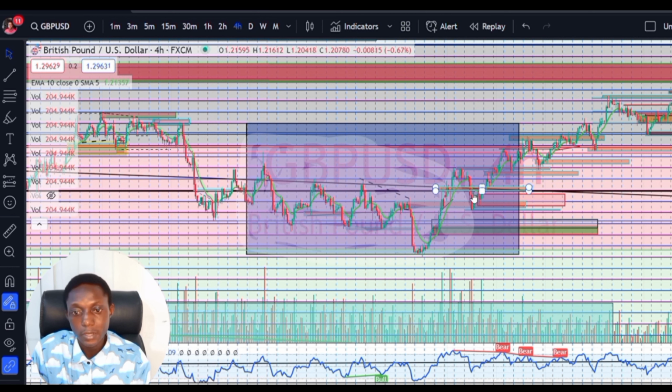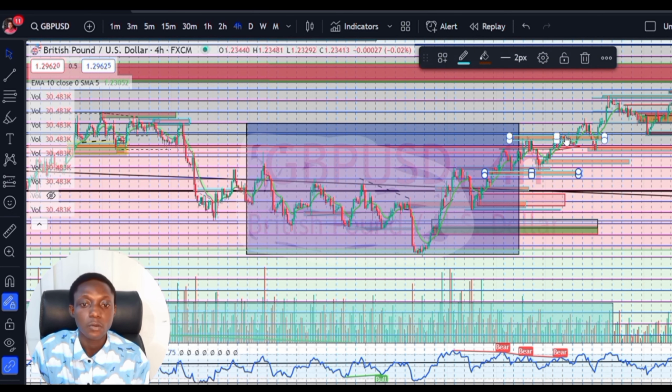Then price comes back to make a sign of strength, and then price comes back to make a backup. Price backs up, because it's a sign of strength over here, and then last point of support here, and it went on and on.